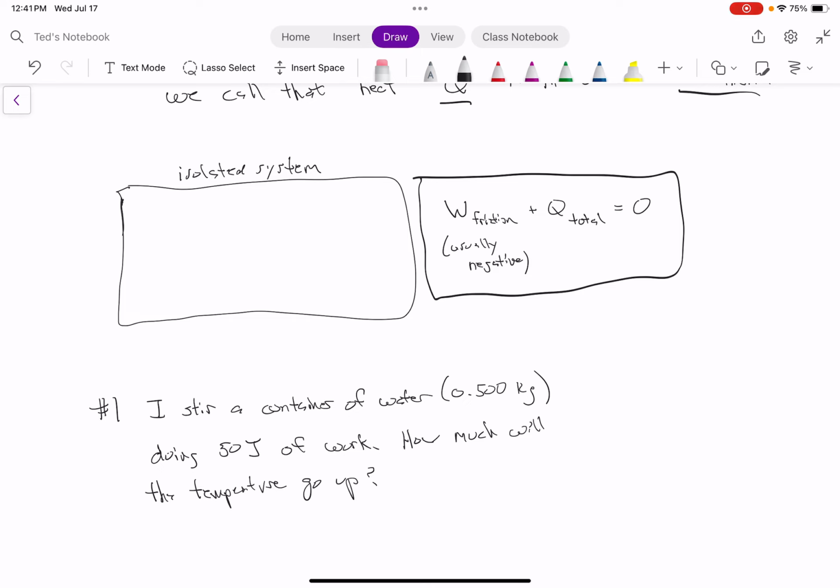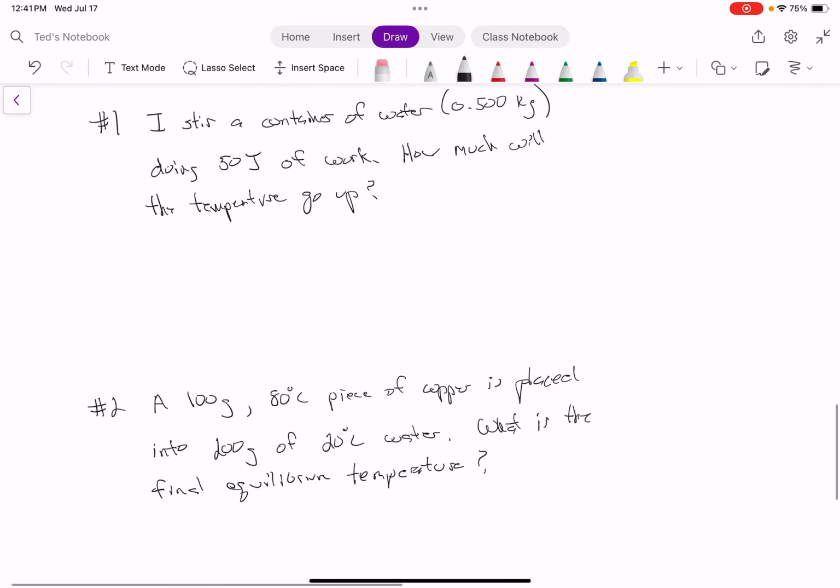But any work done by friction or air resistance or other non-conservative forces can change the thermal energy. So for an isolated system, the work done by friction plus the change in thermal energy, Q, is equal to 0.